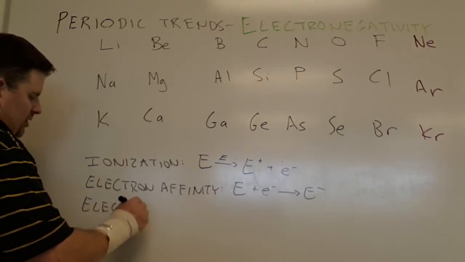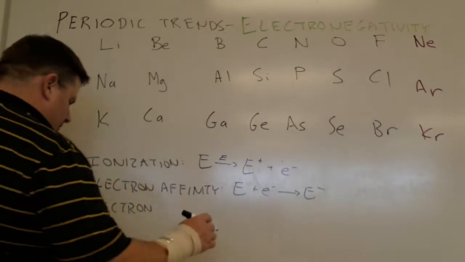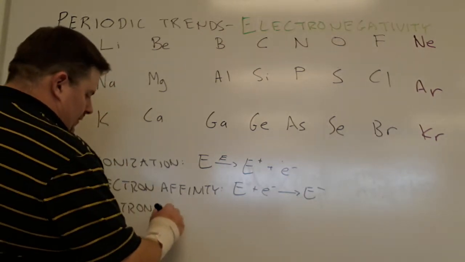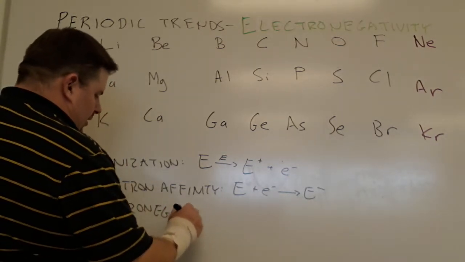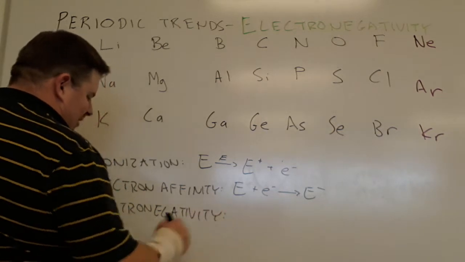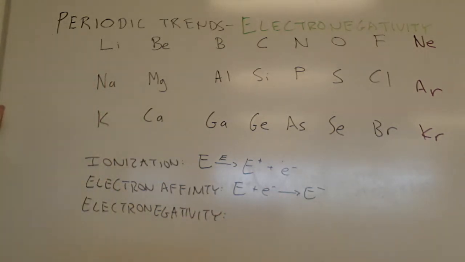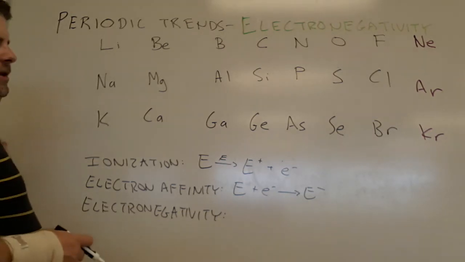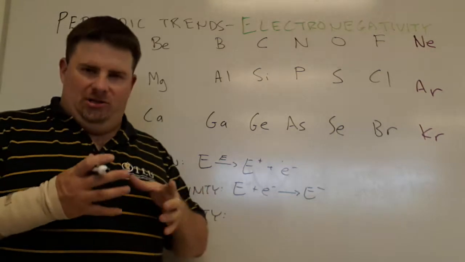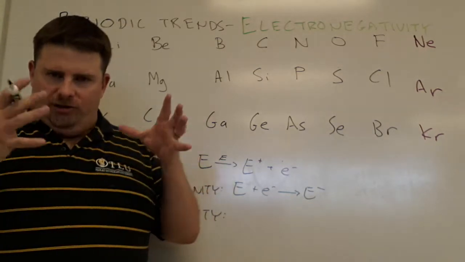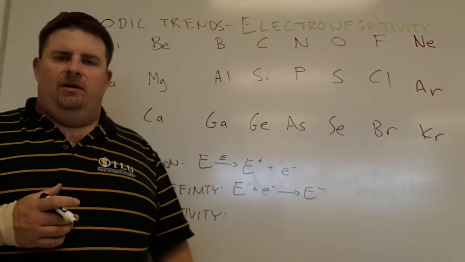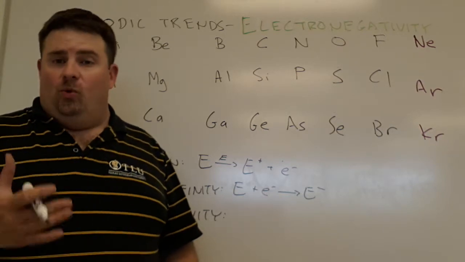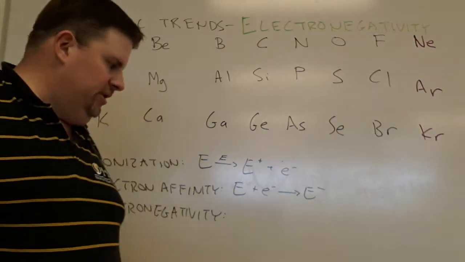we don't have an actual charge. Electronegativity is when you don't have a formal transfer of electrons. But what you do have is the want of that nucleus to pull electrons towards itself. There has to be an impetus on why things want to pull electrons towards themselves.